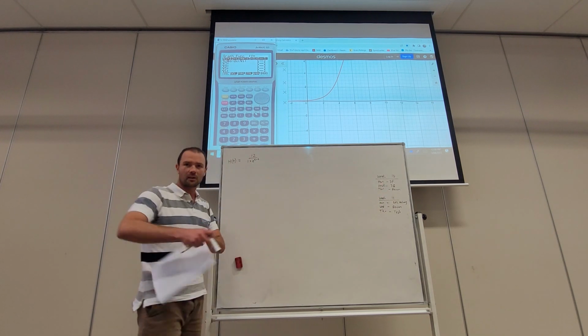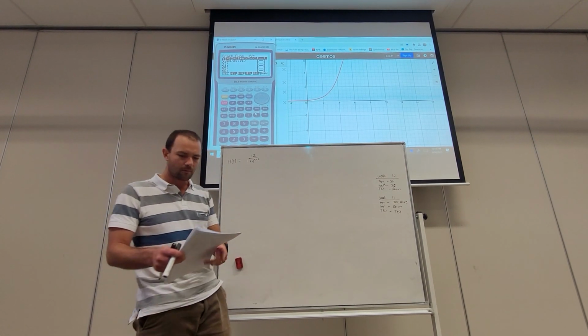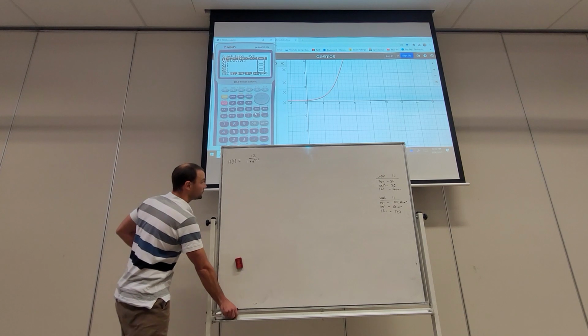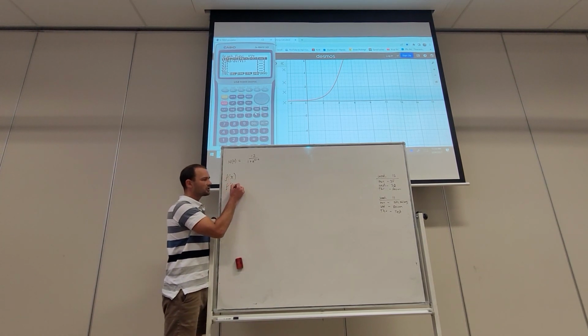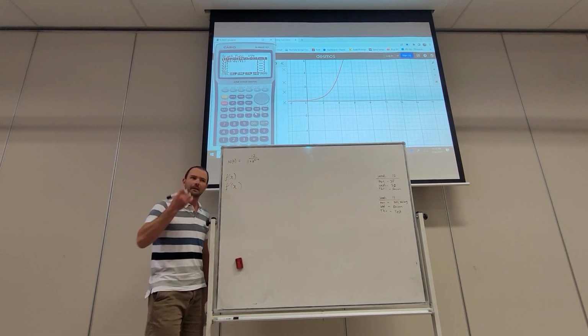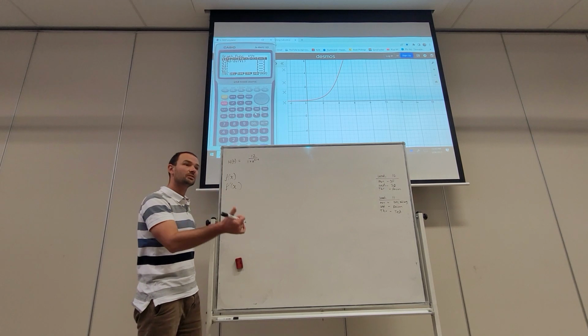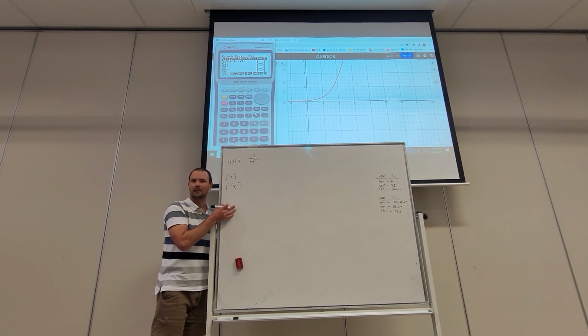Excellent. Let's get started on 2F then. So we're talking about rates of change. Remember, if we have a function, f dash of x describes the slope of this function, or we can think of the slope as the instantaneous rate of change, right? That's how fast the function is changing for some value of x.